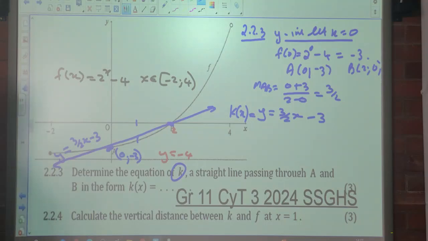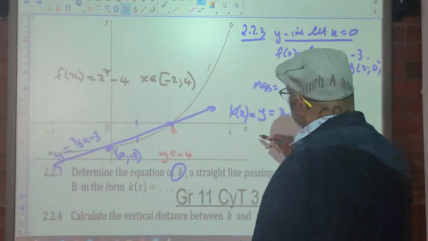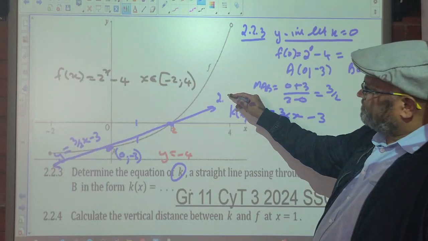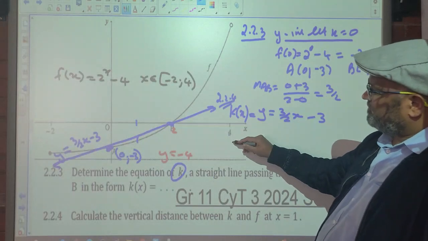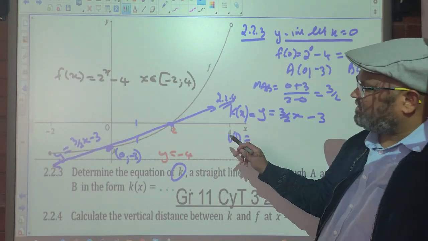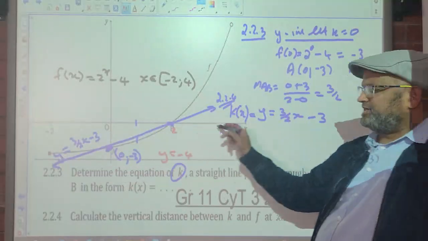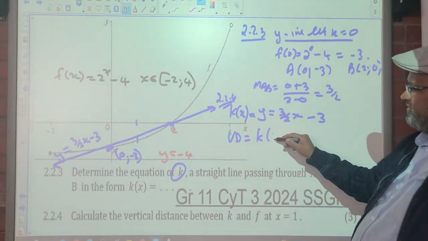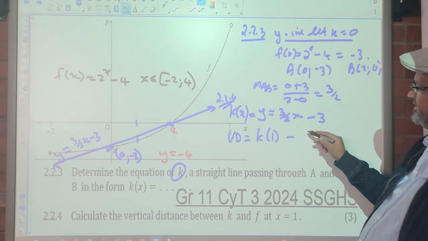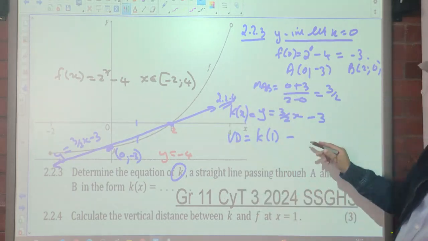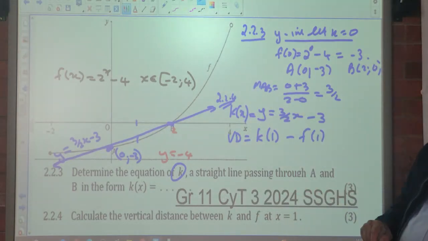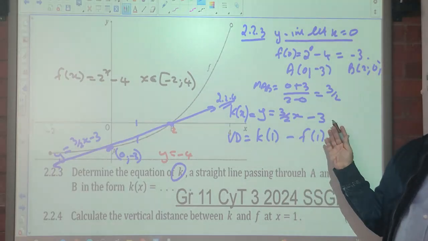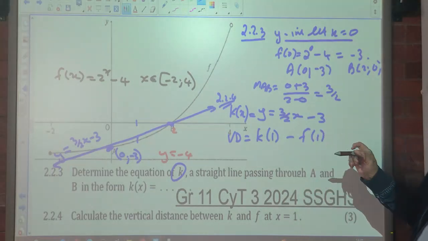How do we calculate the distance between two graphs? The top graph minus the bottom graph, so vertical distance. Which graph is on top? The k of x. So k of 1 minus what's at the bottom, f of 1. I could have said k of x minus f of x if I wanted.